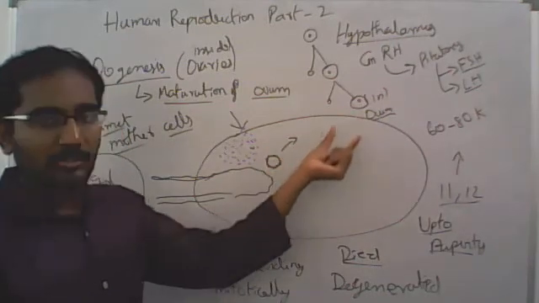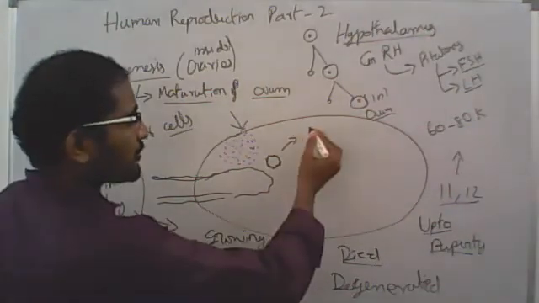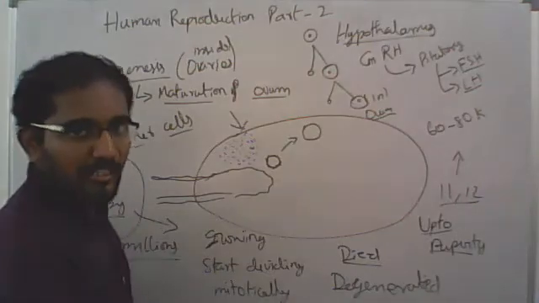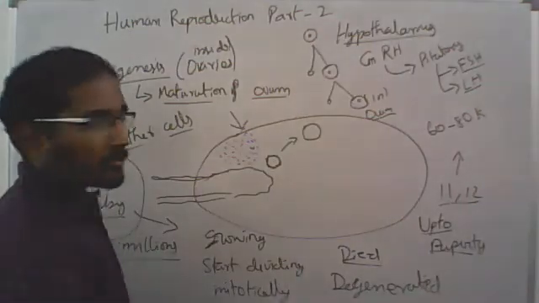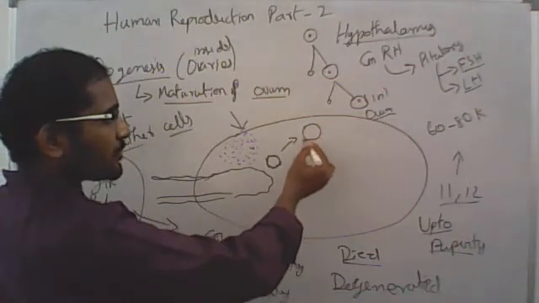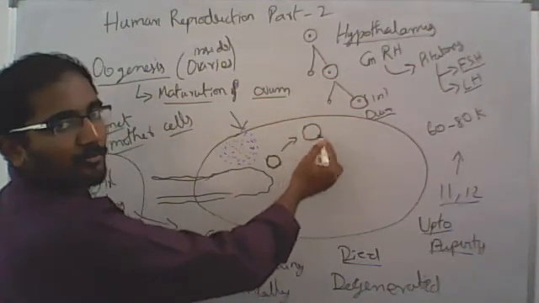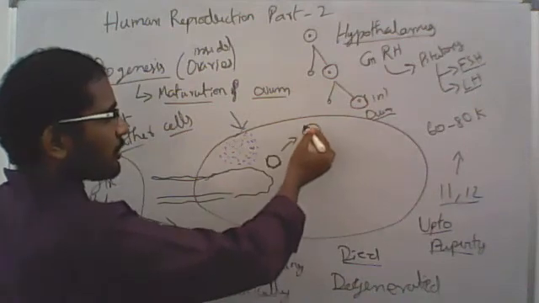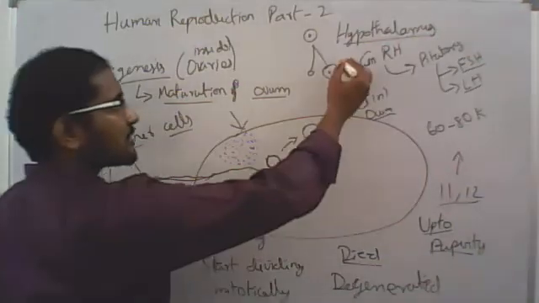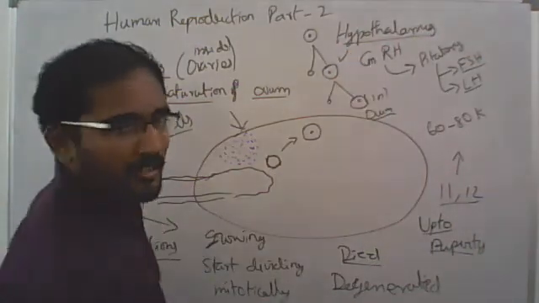This is how the maturation process happens. If it matures to the secondary follicle, some follicular layers are removed. Now it reaches the secondary follicle stage, and this is the primary one.